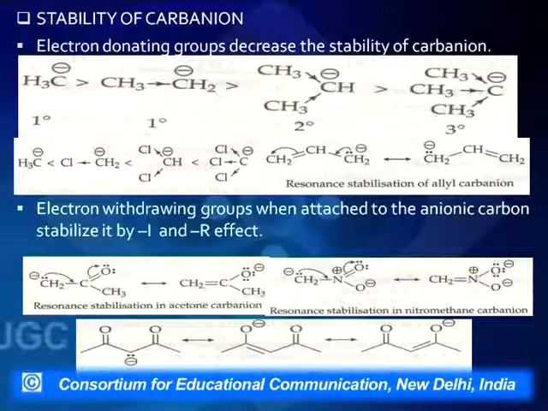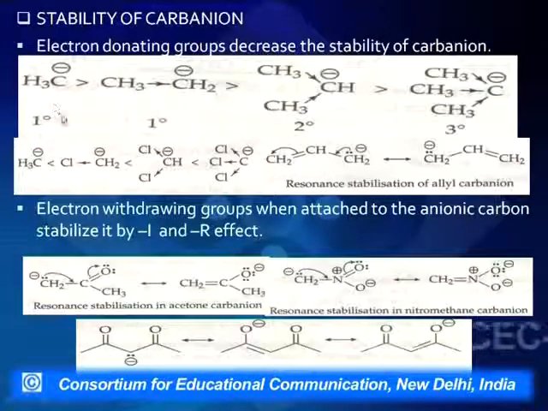That means here the order of stability is opposite to that of carbocations. That is, electron donating groups will destabilize a carbanion. So what we see here is a tertiary carbanion is least stable and a primary, that is methyl carbanion, is most stable.